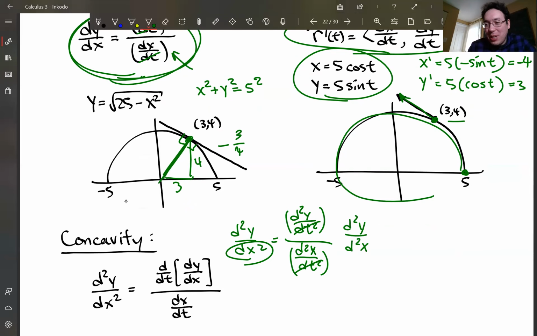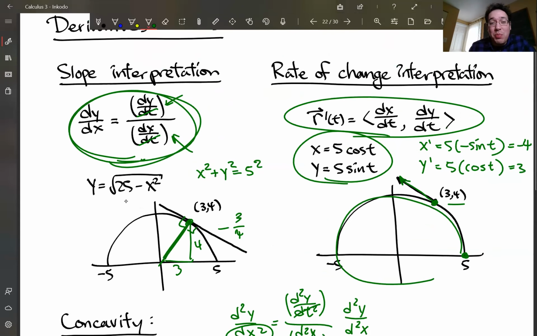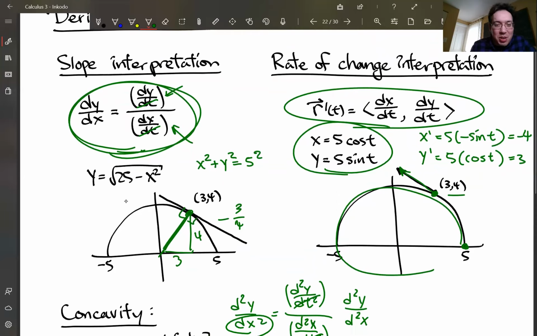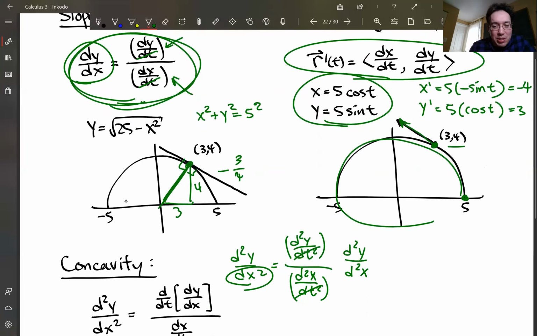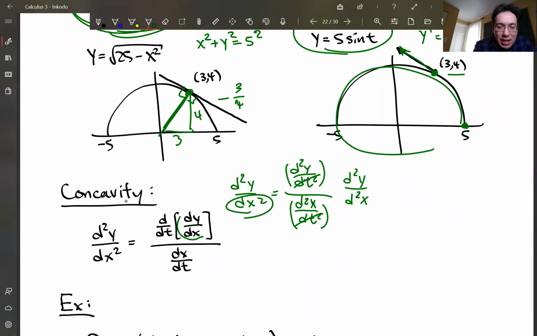So what should you be doing? Well, you should be taking the derivative of the slope interpretation derivative, right? You're doing that twice. So once you compute the slope derivative of your parametric equation, then you plug that in, replace that with the new y, take the time derivative of it, and then divide by the first time derivative of x.